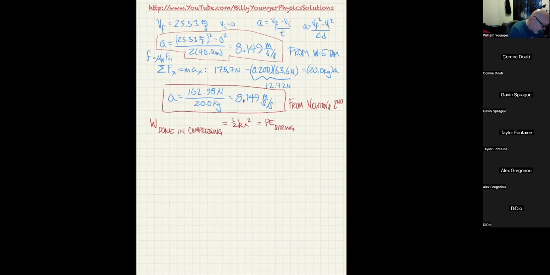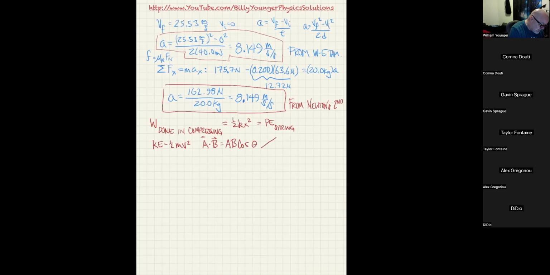Another thing we have is kinetic energy, which is 1/2 mv squared. We also learned about dot products, and that basically is that A dot B, called the dot product, or also called the scalar product, can be given by the magnitude of A times the magnitude of B times the cosine of the angle between them.